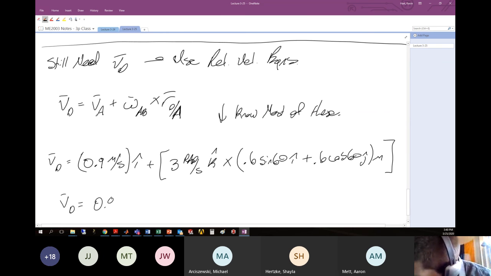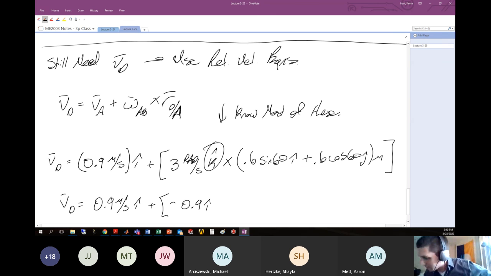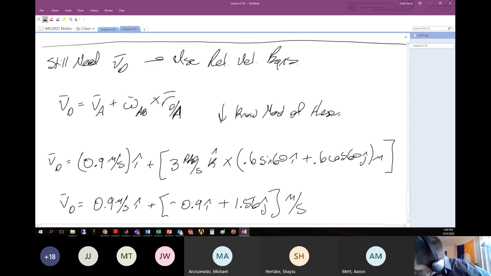Here we have 0.9 meters per second I hat plus the resultant of this cross product, which will be negative 0.9 I hat. This is what happens when I cross the k component with the j component. Negative 0.9 I hat plus 1.56 j hat, and this will be meters per second.